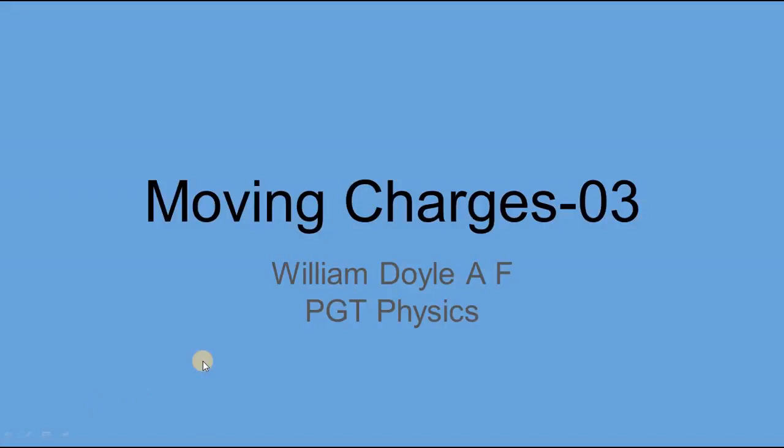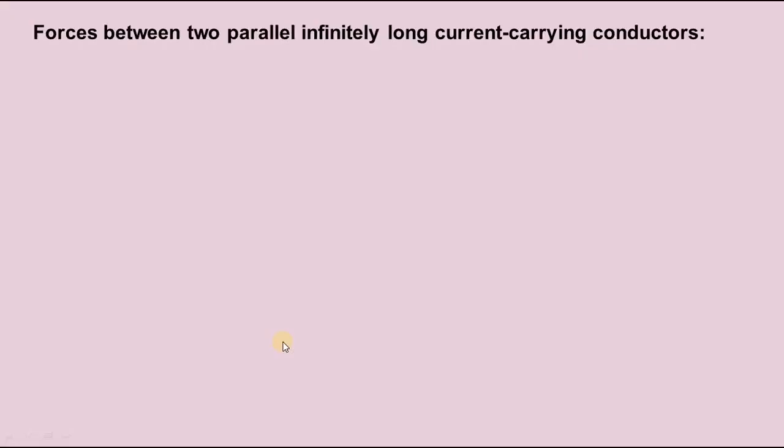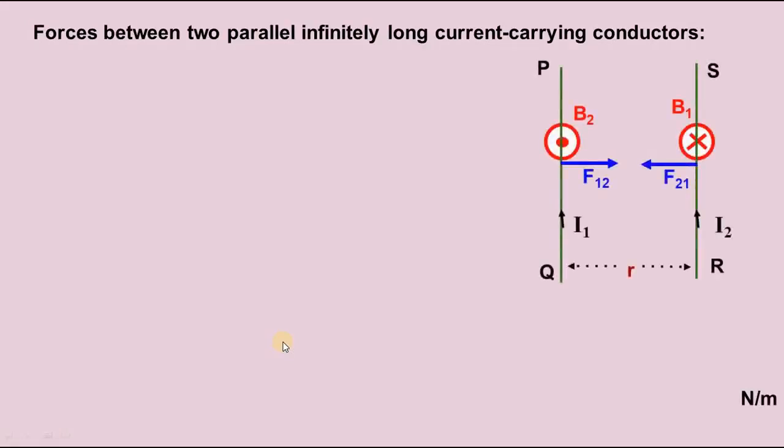First, let us discuss the force between two parallel infinitely long current carrying conductors. Here we have two conductors PQ and SR, both carrying currents I1 and I2 in the same direction.